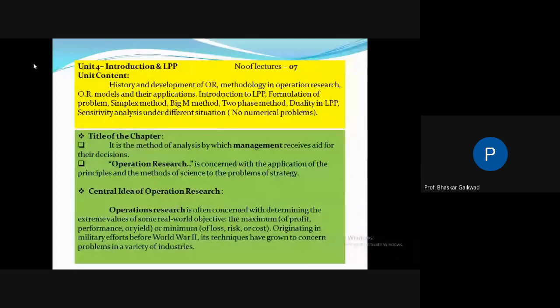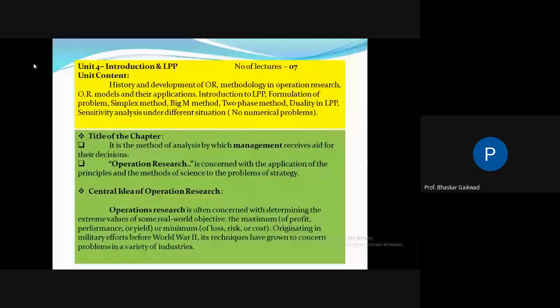OR is nothing but the analysis of problems, and it helps top management while taking decisions. This is the concept of OR. Then the definition of operations research: it is concerned with the application of the principles and methods of science to problems of strategy.